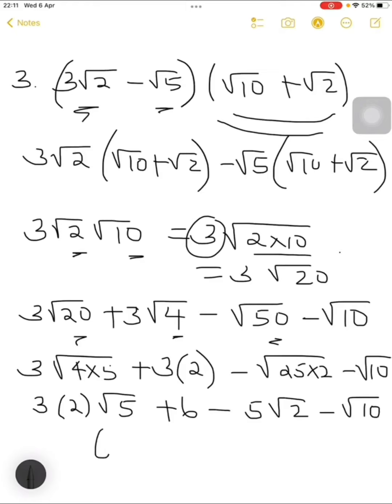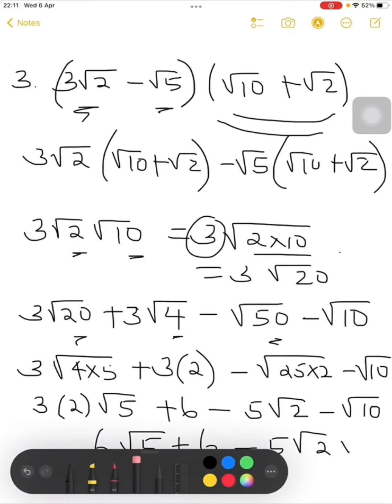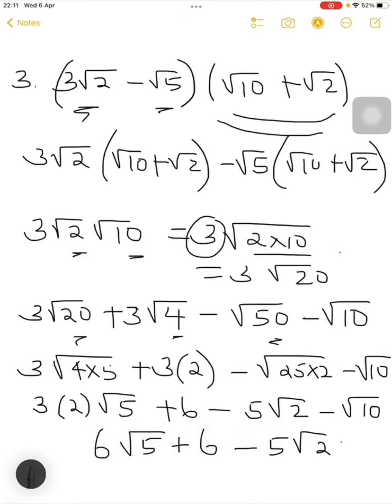This is the same as 6 root 5 plus 6 minus 5 root 2 and then minus root 10. Can it be simplified any further? No. And therefore your answer is that.